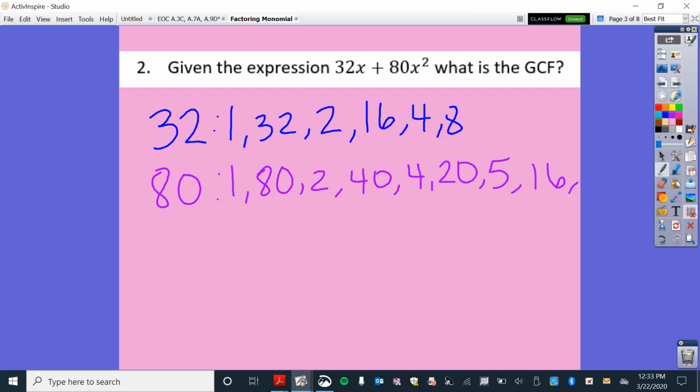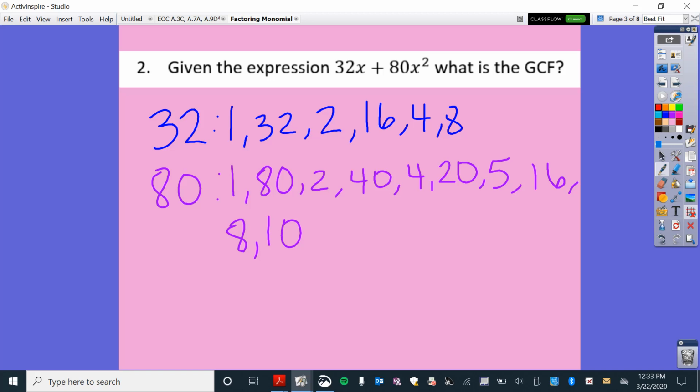All right. What else do we have? Will 6 go into it? No. What about 7? Will 7 go into it? No. What about 8? Okay, so we have 8 and 10. Is that all? Yes.